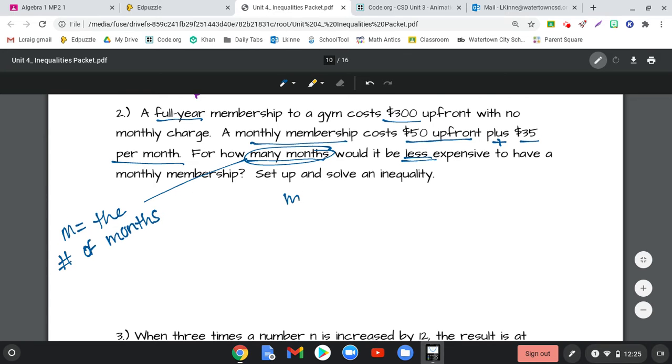So when the monthly membership is less than a full year. The monthly membership costs $50 up front plus $35 per month. There's where your m goes. So $50 to start plus $35 per month, and we want to know when that's less than the $300 that it would be for a full year.